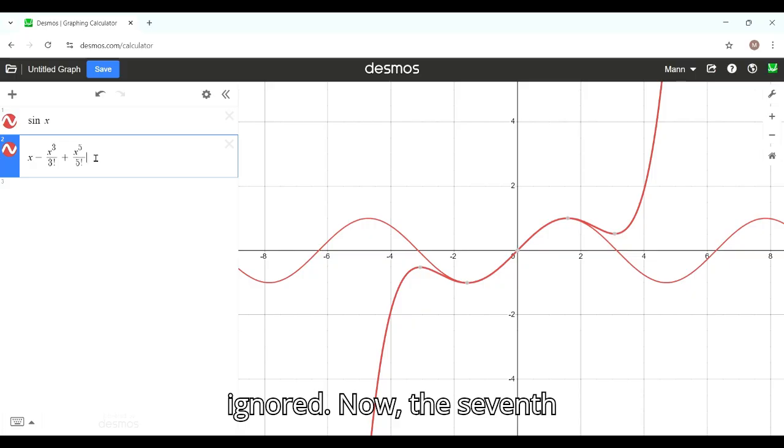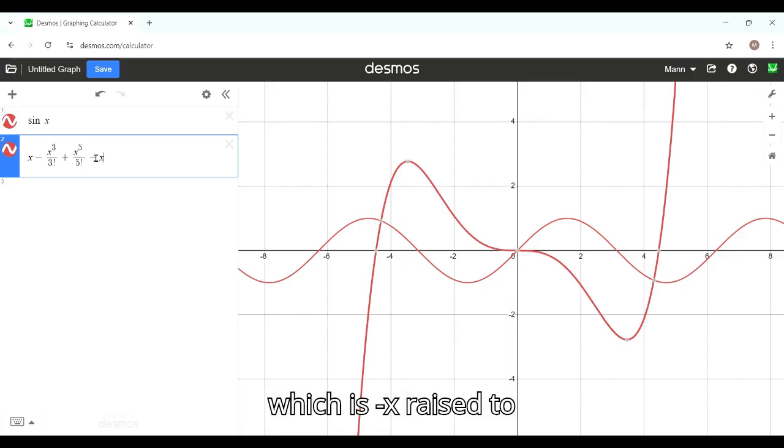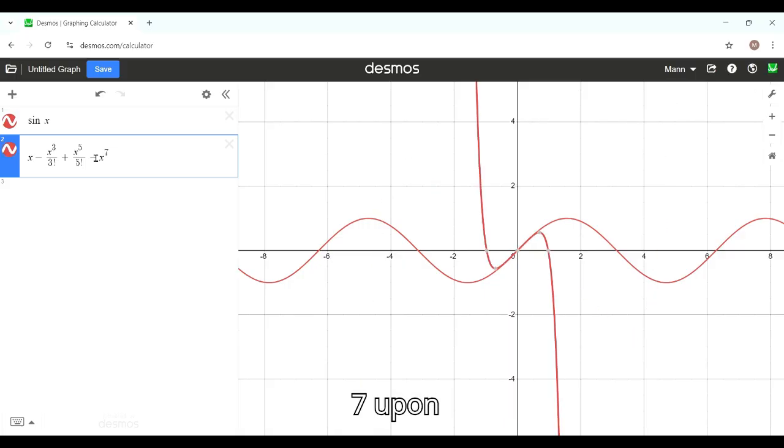Now, the seventh derivative of sin x is again minus cos x, and minus cos x at x equals 0 is minus 1. So, we find the seventh integral of minus 1, which is minus x raised to 7 upon 7 factorial.